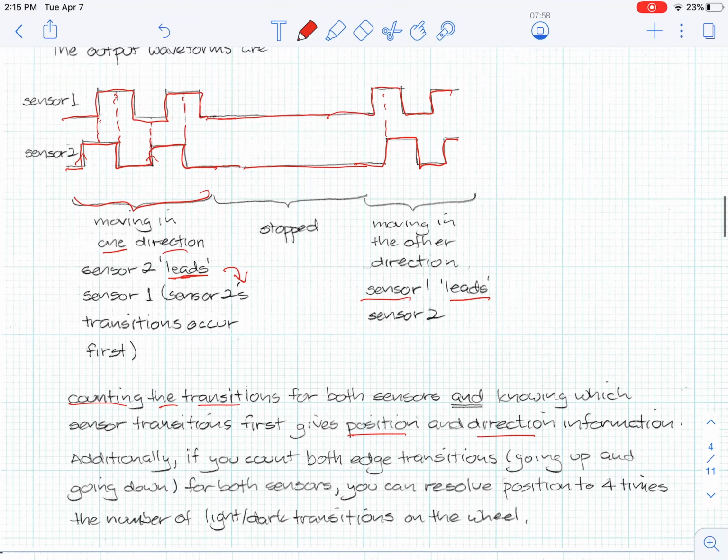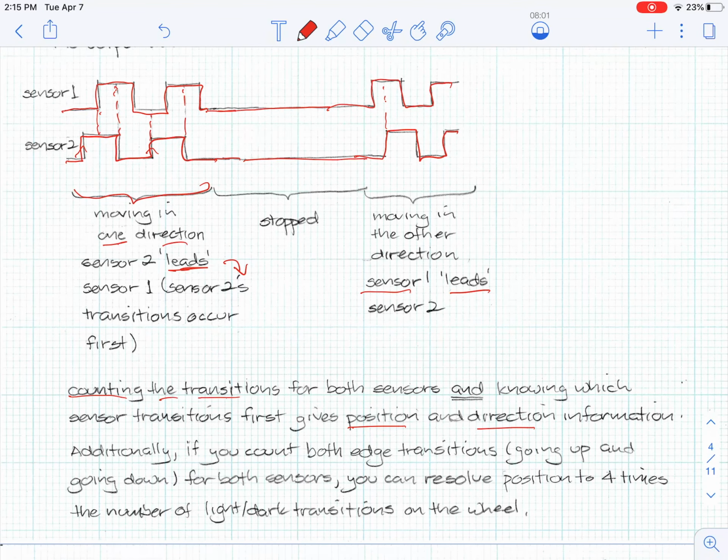Okay. Also, you can do a trick, and instead of just counting, these transitions here are called leading edges.